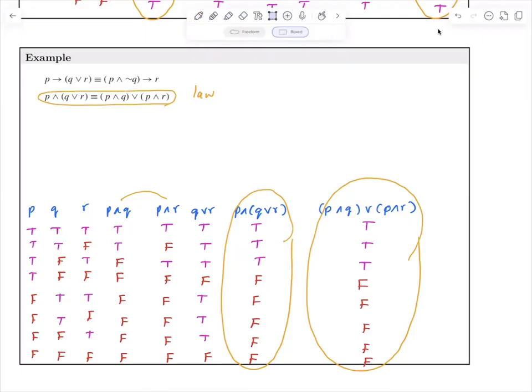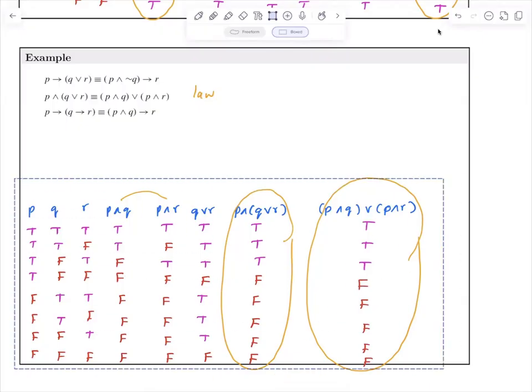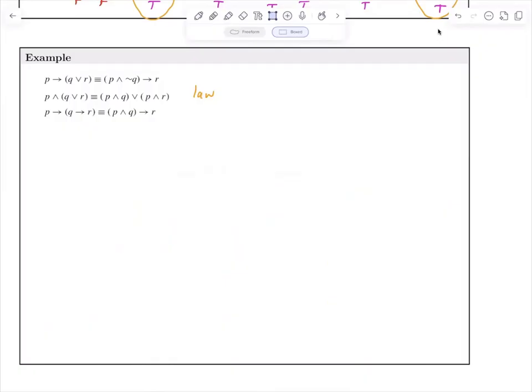Okay, let us move on to next example. Here, P then Q then R is equivalent to P and Q then R. So for this one, I'm not going to use the tables. I'm going to use the relationship that we defined before. A then B is equivalent to not A or B. So here we go.